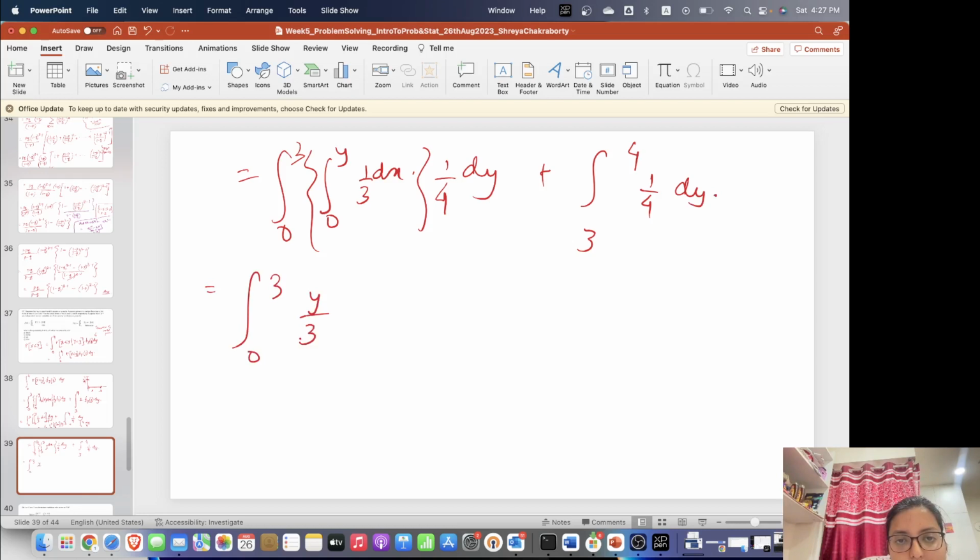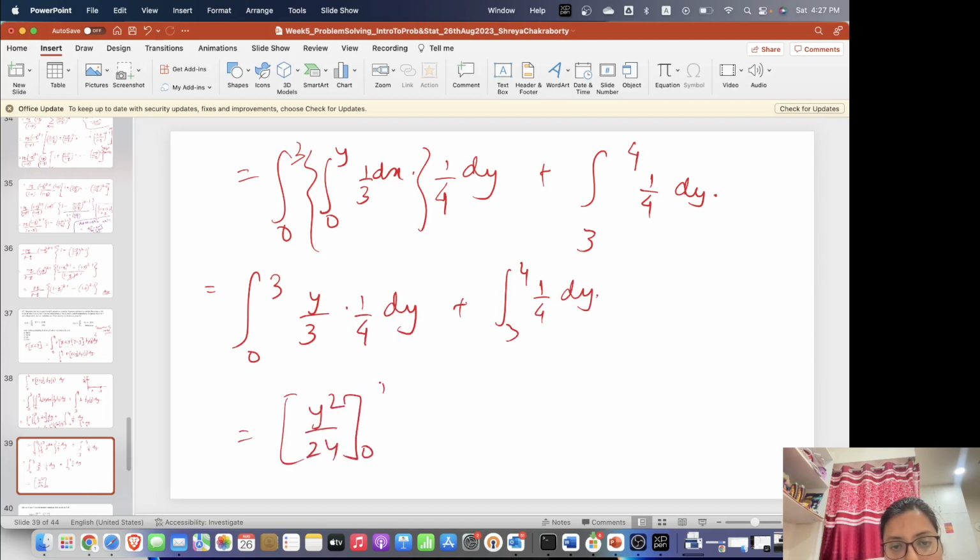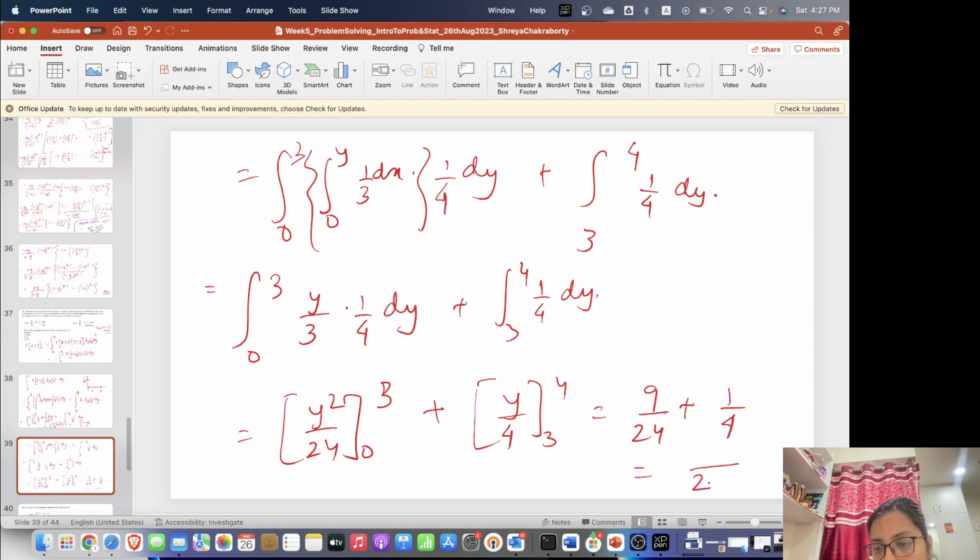This will be y by 3, 1 by 4 dy, plus 3 to 4, 1 by 4 dy. This will be y square by 24, 0 to 3, plus y by 4, 3 to 4. 9 by 24 plus 1 by 4. This will be 15 by 24.